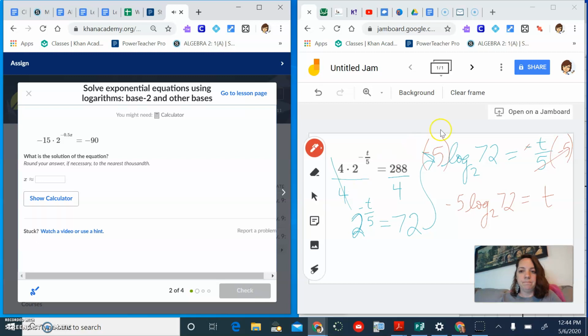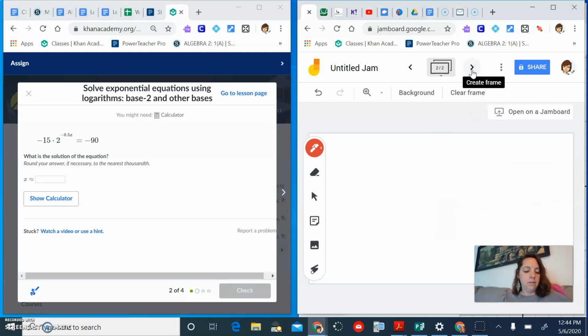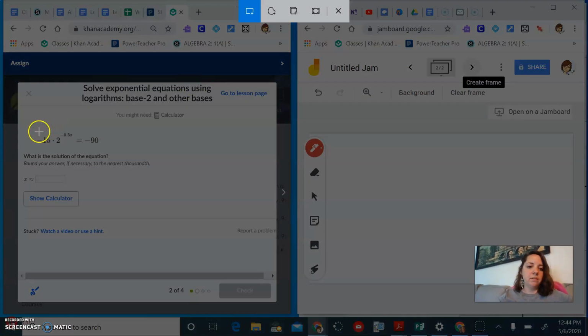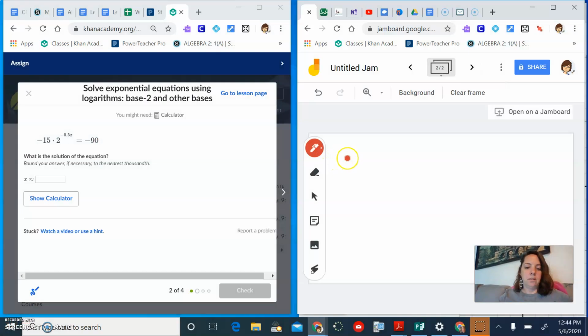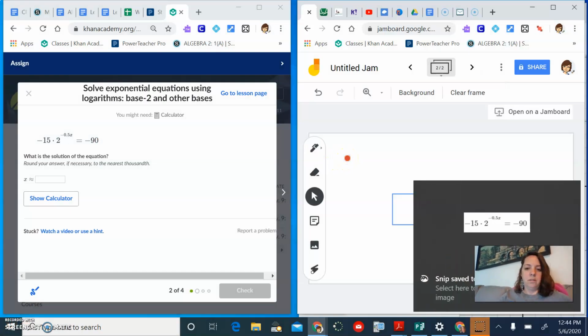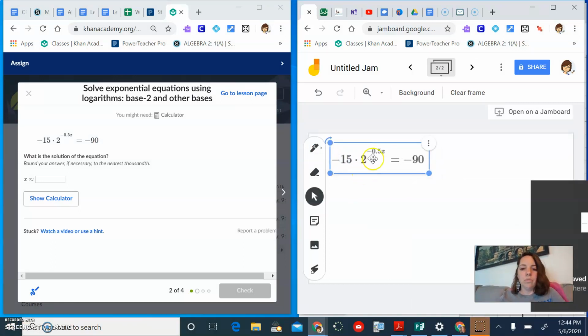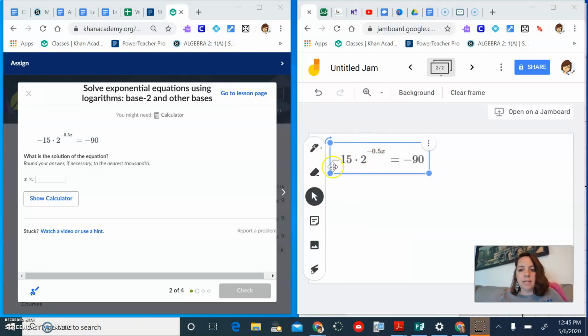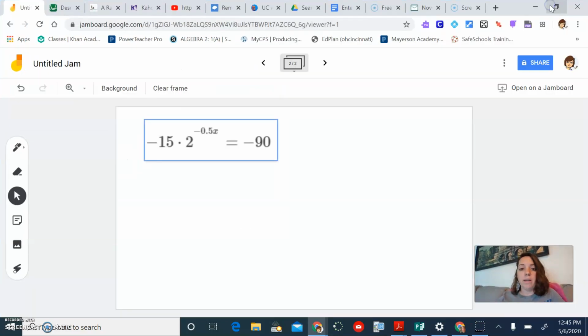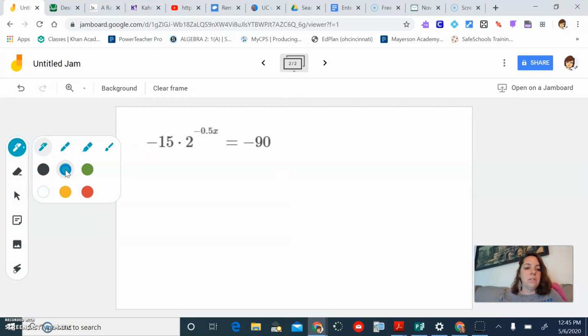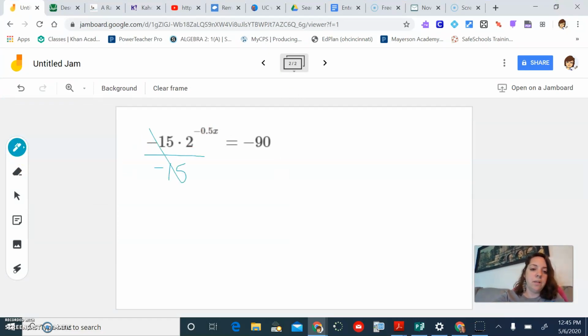Okay, next question. Let's pull this over real fast. So to do this question, we're going to start again by getting rid of this -15 that's being multiplied out front. It's not being subtracted. So the opposite of multiply by -15 is divide by -15.